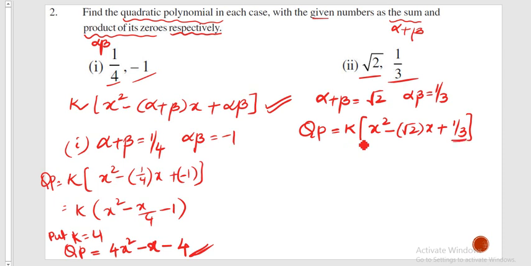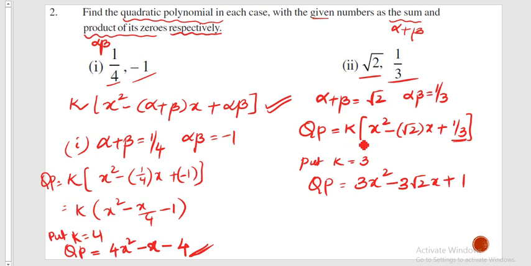If you want to get rid of this 3 in the denominator, put k equal to 3. When I keep k equal to 3, I get the quadratic polynomial as 3x square minus 3 root 2x plus 1.